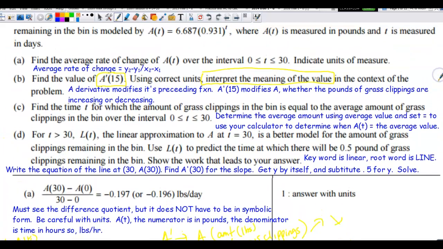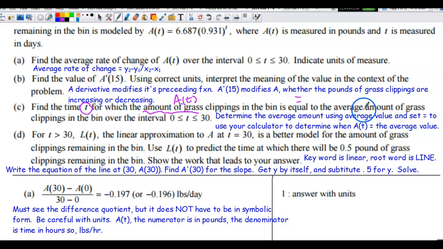In question C, I'm going to clear the board again. In question C, we are looking for a particular time at which the amount of grass clippings, and remember A of t was the amount of grass clippings in the bin, is equal to the average amount.